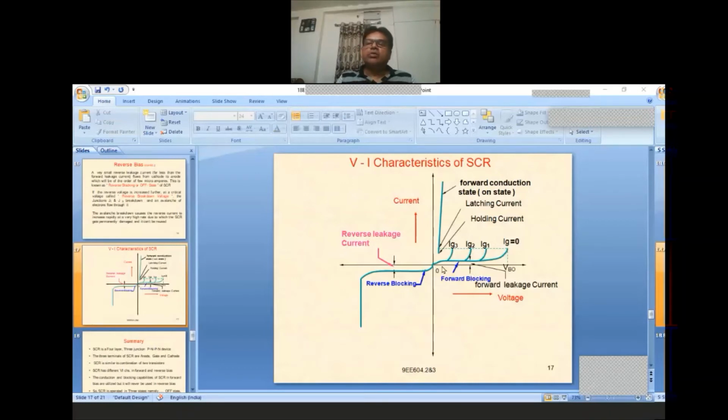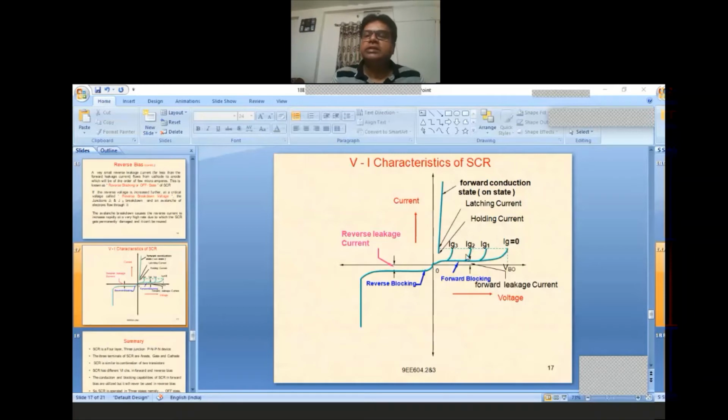If you further increase the gate current, SCR will turn on and go from off state to on state even at lesser voltages than the corresponding VBO1, at a voltage called VBO2, and the characteristic will take a new shape from this locus.